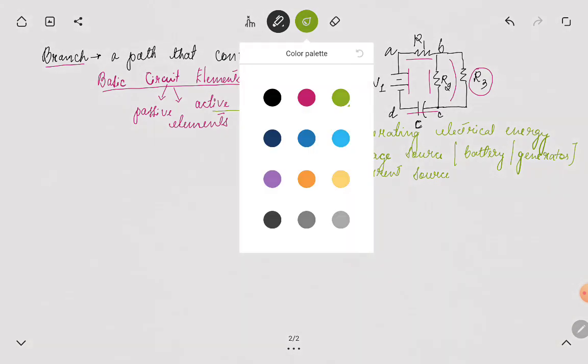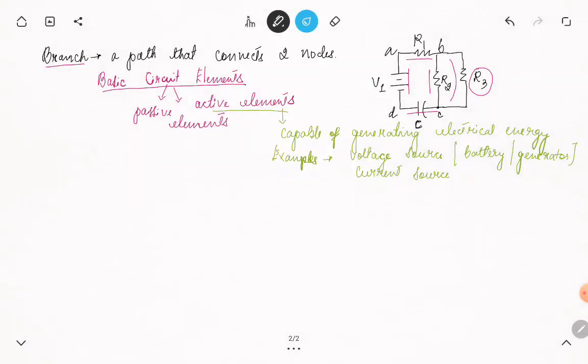Then let's see the passive elements. What are passive elements?